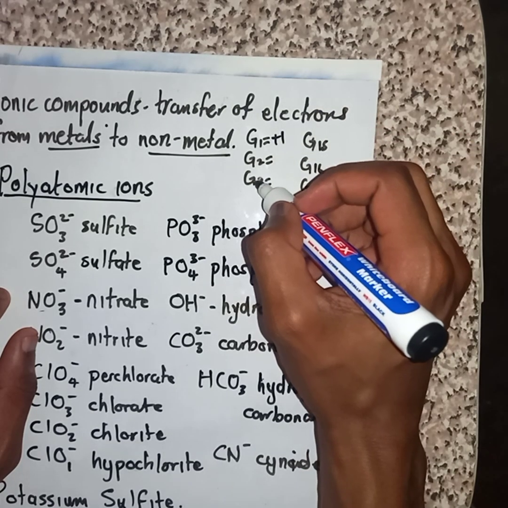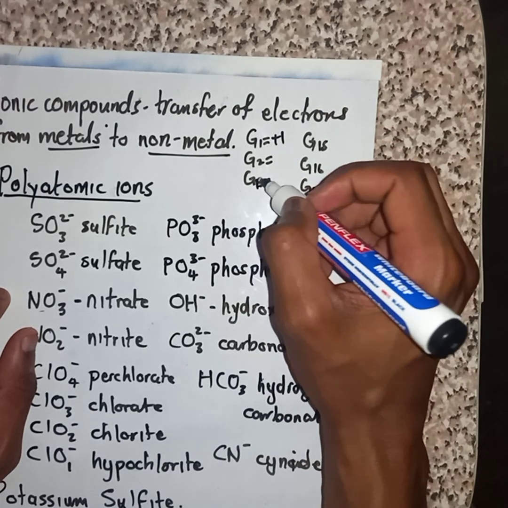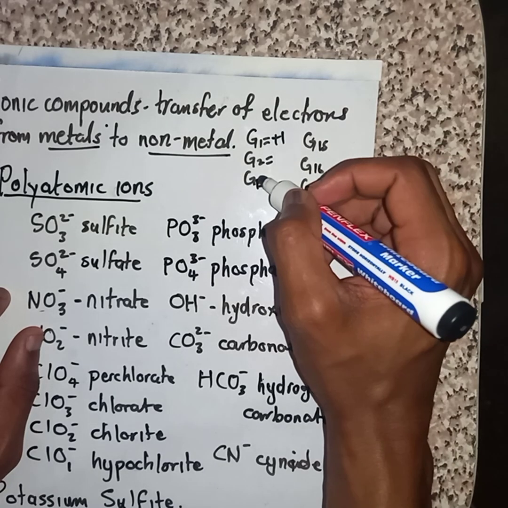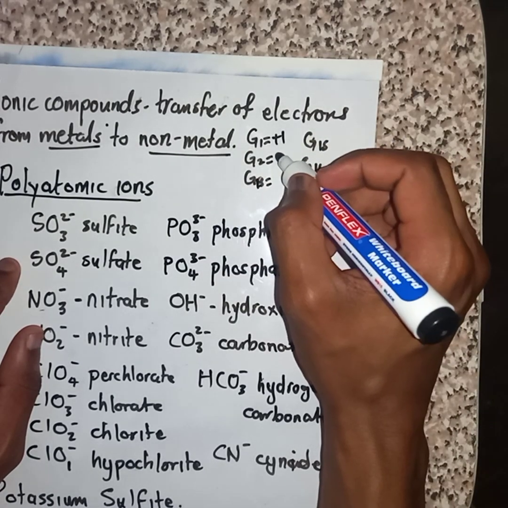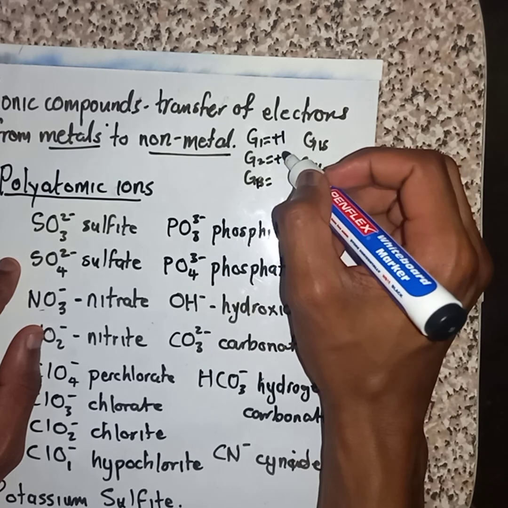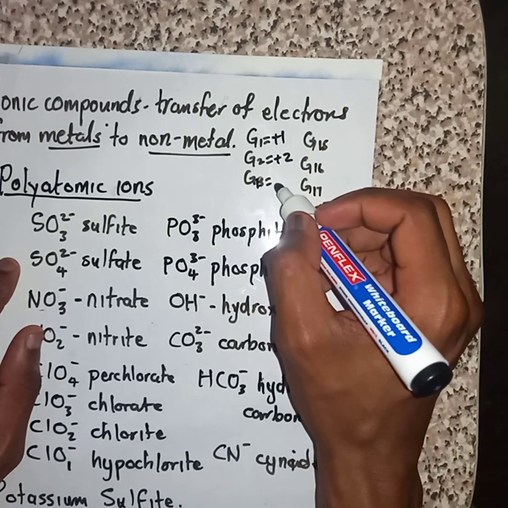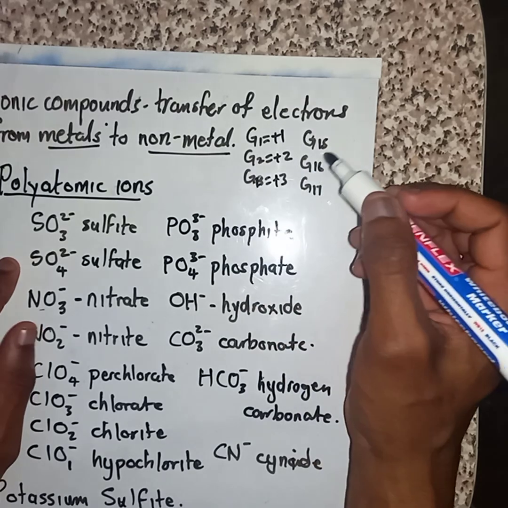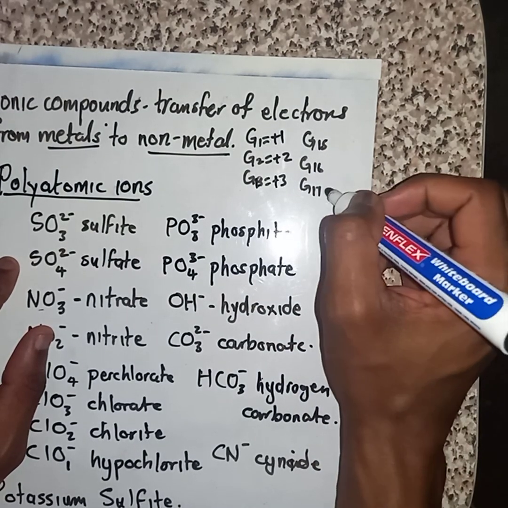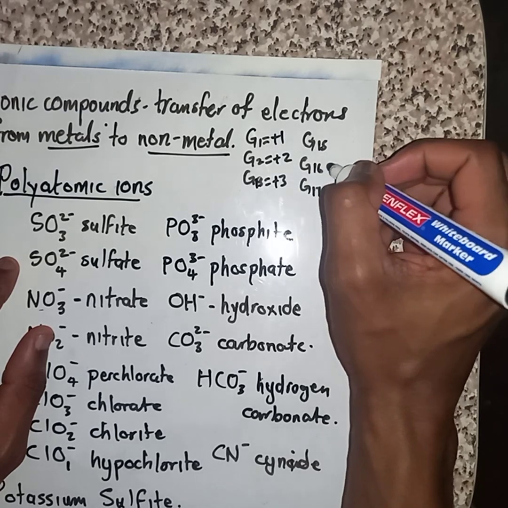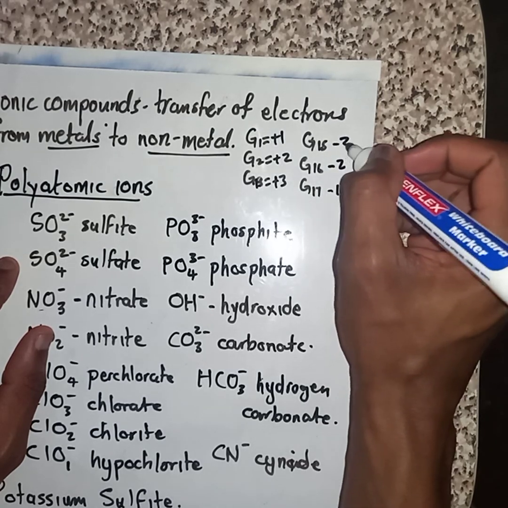Group 2, it's +2. Group 13 is going to be +3. Then group 17, you write -1. Group 16, -2, and this one, -3.